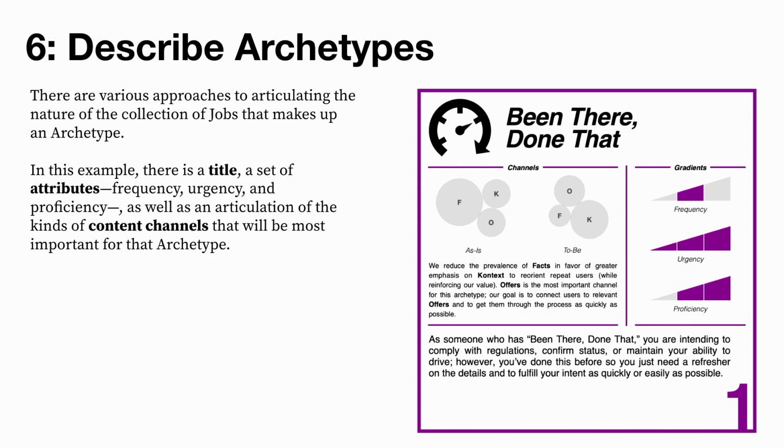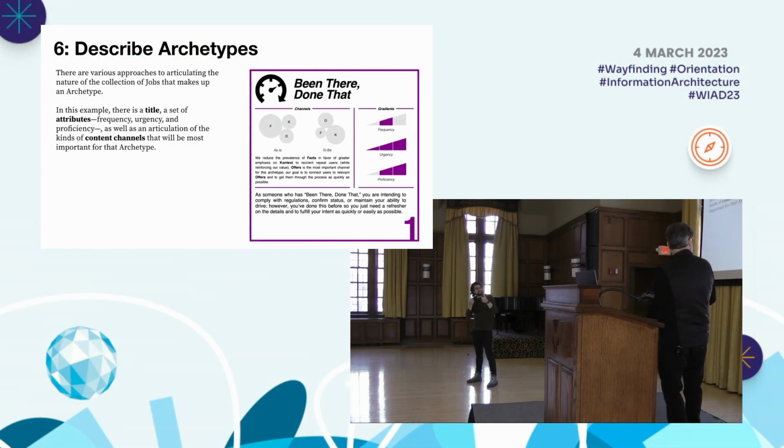And for this example, if you look on the right side there are these kind of ramps that are gradients that denote the level of frequency with which someone accesses these jobs, the level of urgency, the level of proficiency required to work in this space. And these 3 gradients are different across all 6 archetypes, and helps when you have a new job.